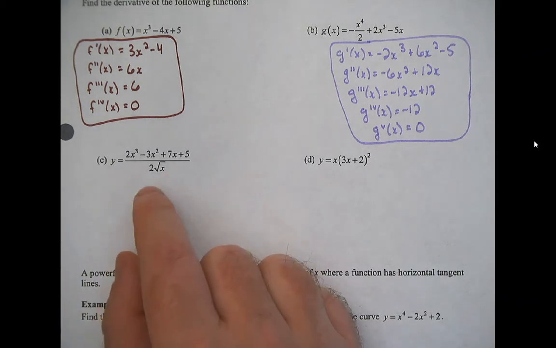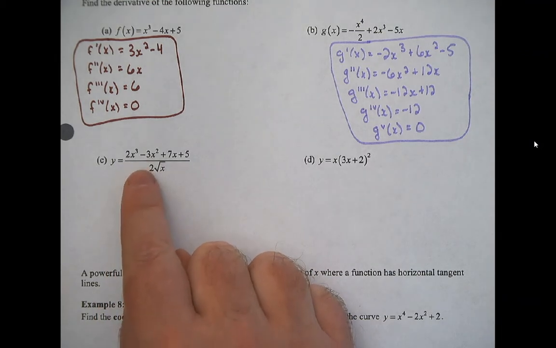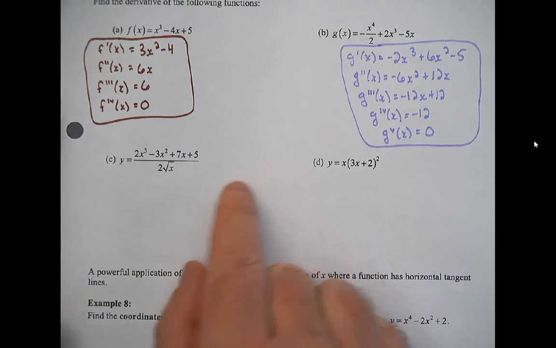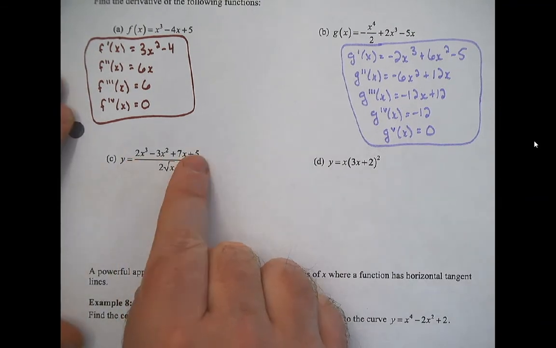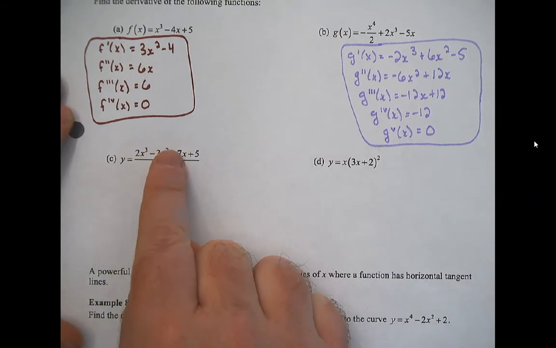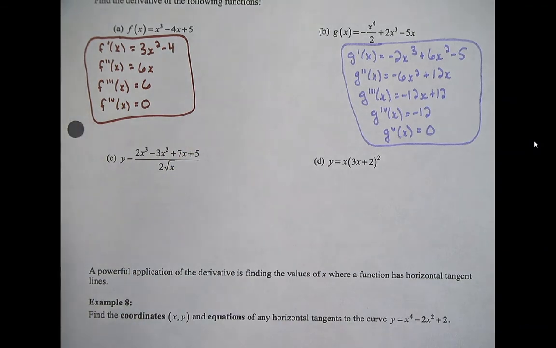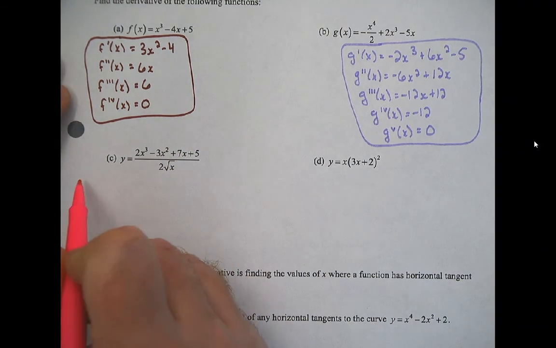So I'm going to try to think about this in any other way besides the quotient rule. If you've got a bunch of stuff divided by one thing, I can break these things up into their own fractions. So this is my rewrite.